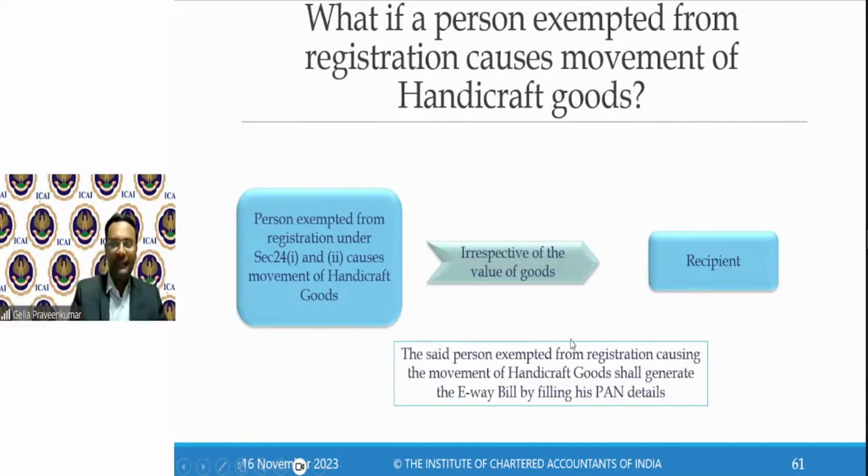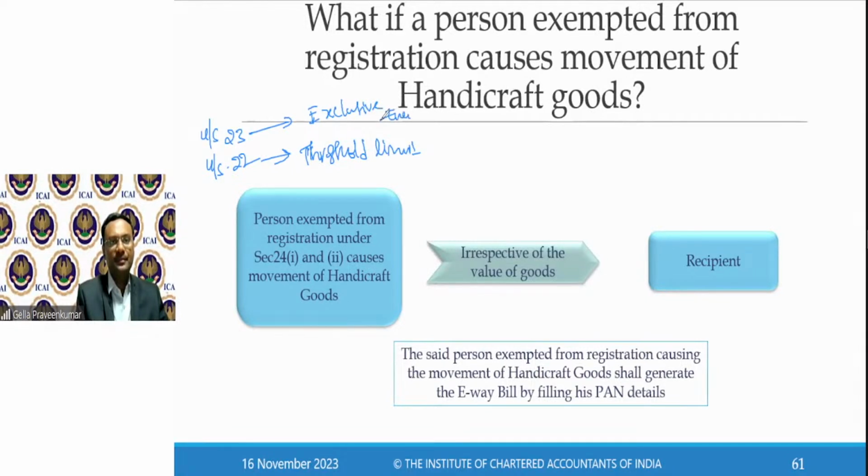Now, we have studied earlier under section 23, under section 22. Section 22 talks about threshold limit. 23 deals with exclusive exempted goods.